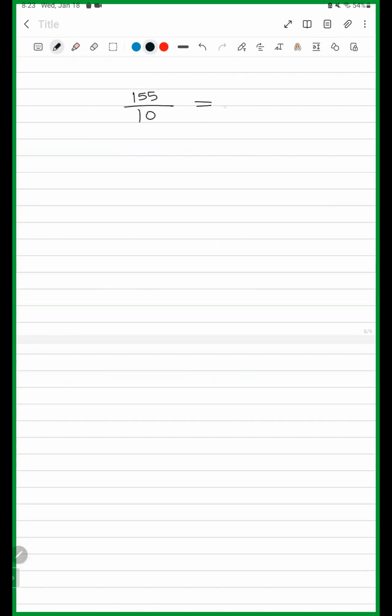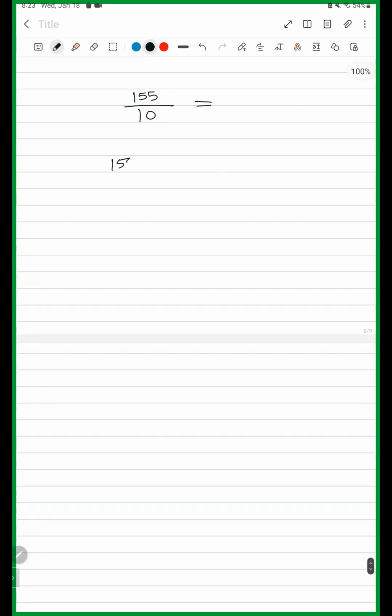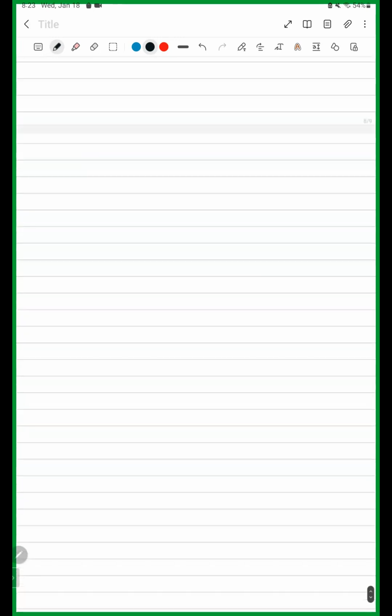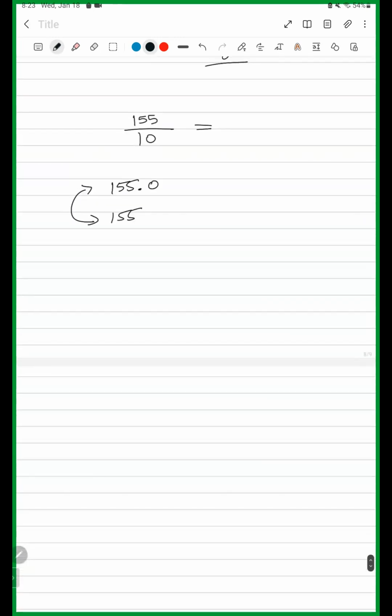This will be equal to what? 155.0. अच्छा, आप मुझे ये बताओ 155.0 और 155 ये दोनों सेम है या अलग अलग है? They are the same. They are the same ना? तो we have 155. We are dividing it with 10.